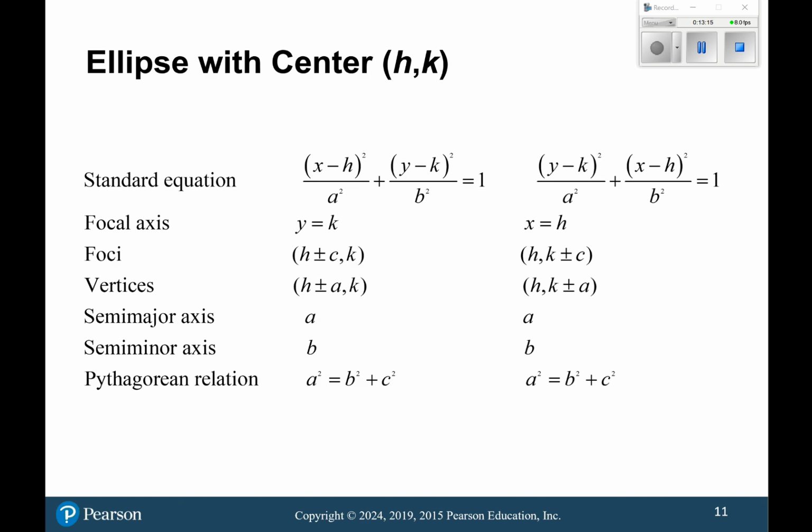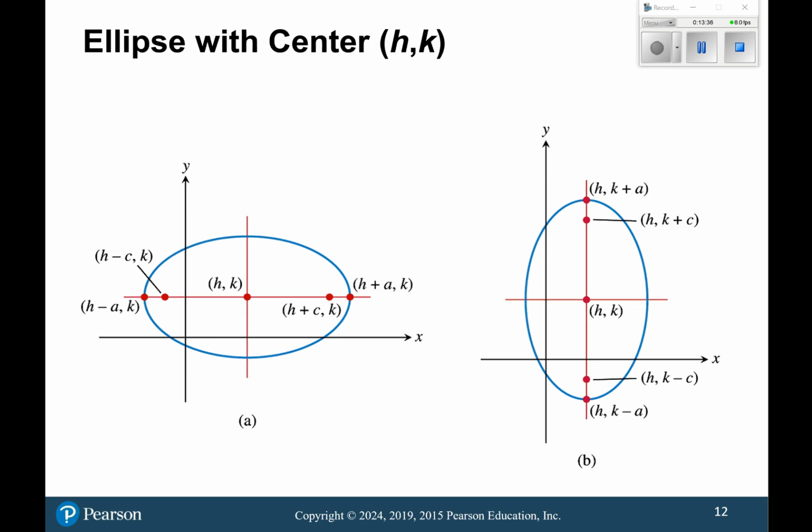Suppose we move the ellipse. Suppose it's not centered at the origin. Well, we're going to do the same x minus h, y minus k that we just looked at for circles. But again, it's going to be in standard form, so it's going to be equal to 1. Okay, so some lovely examples here.